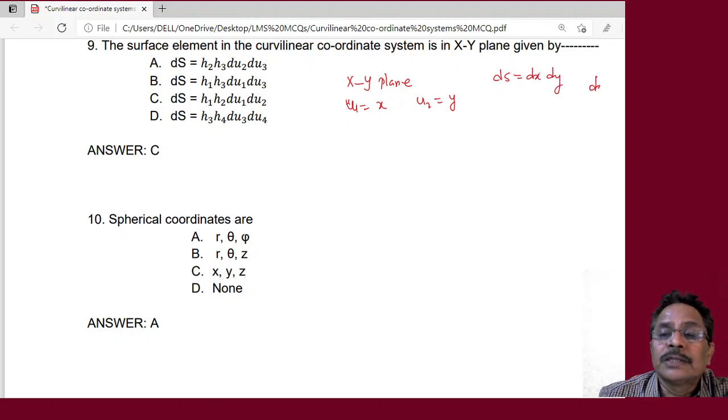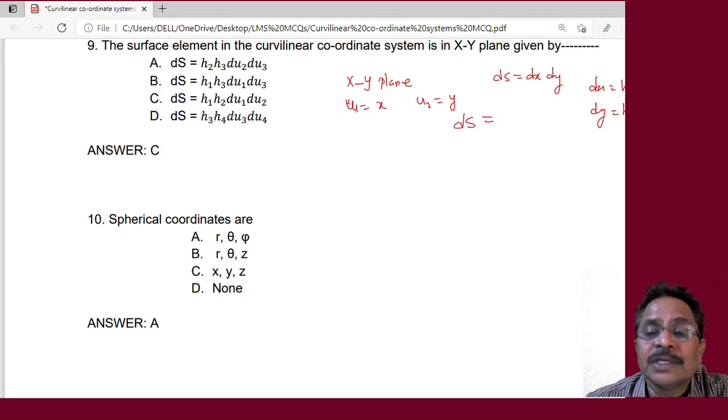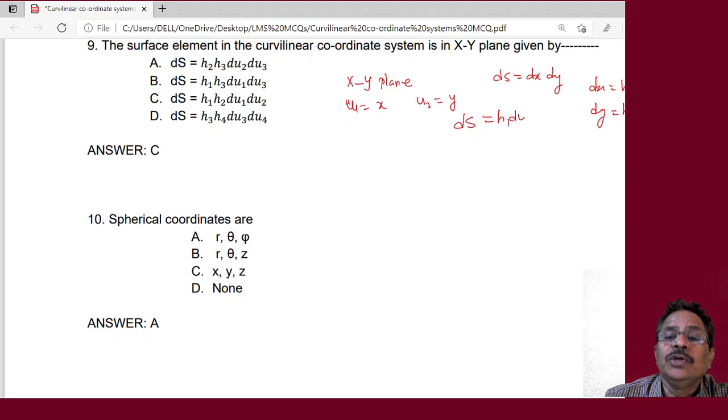Here dx is equal to h1 into du1 and dy is equal to h2 into du2. Taking this product, I get the differential surface element ds equal to h1 du1 into h2 du2, and finally it is h1 h2 du1 du2.